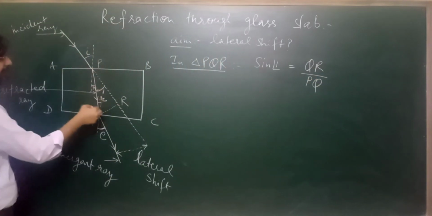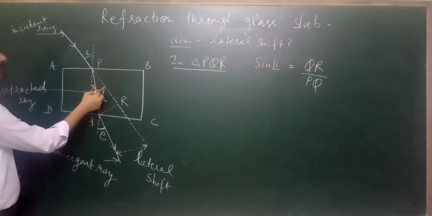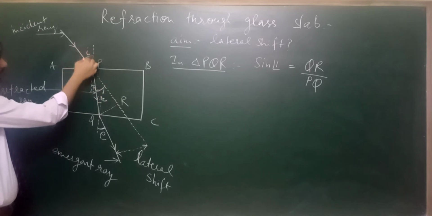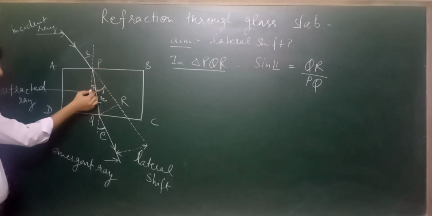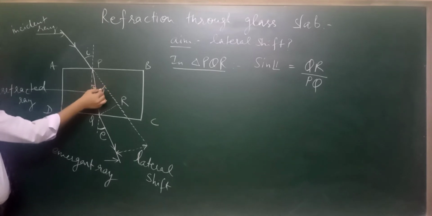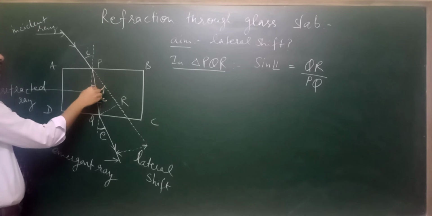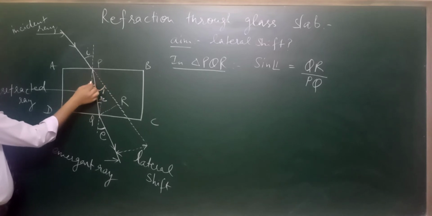This by this. Now what is angle this? Angle this, if we talk about, these two rays are intersecting. This complete angle is equal to angle I. So angle 1 will be left with I minus R. This complete angle is I. From it we will subtract R, this angle will be left.